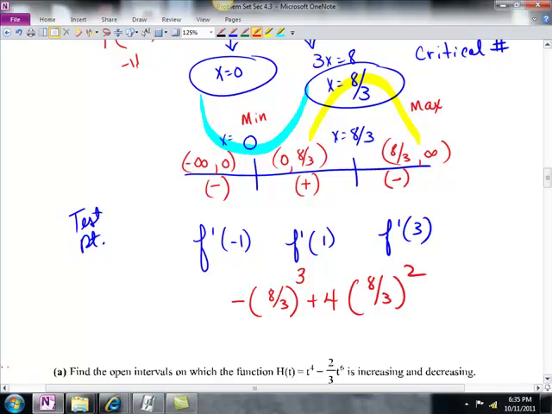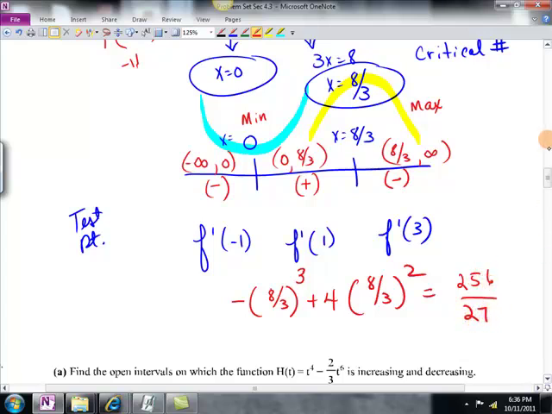When I wrote it, yes, because I'm trying to find the original. Where is this max in the original? When we're plugging in to get these, we're plugging into the first derivative, and that's why I write it f prime of. So, were you able to get 256 over 27?